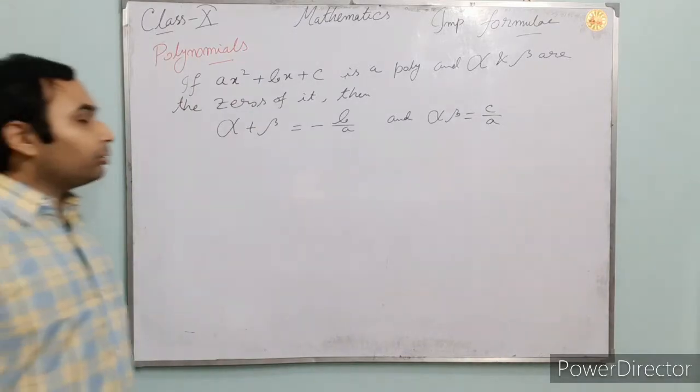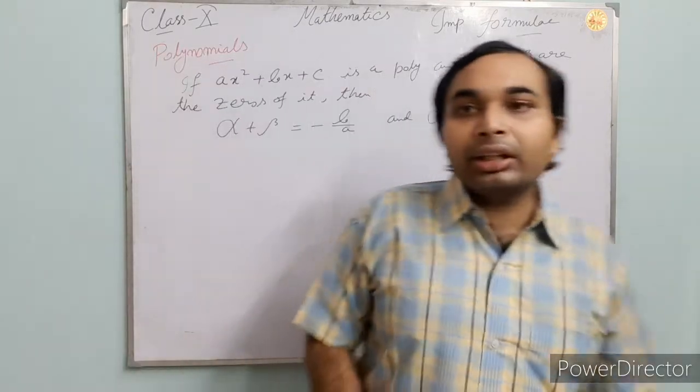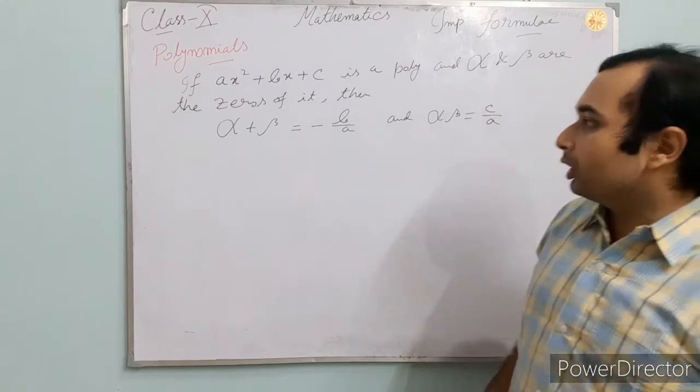This is the relation between the coefficients and the zeros of the polynomial.